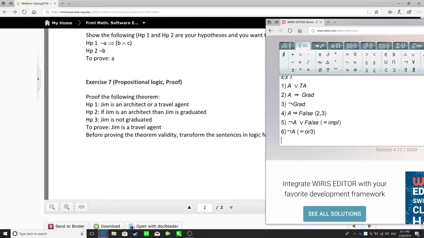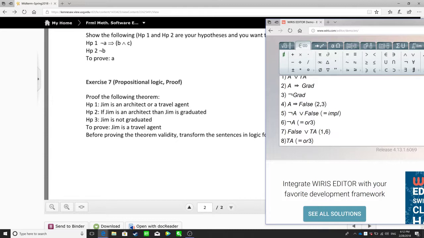And then based on this 1, 7. So then it's false or... Yeah. So it's going to be a false or an architect, based on number 6 and number 1. Then again it's the OR 3 rule, because TA or false becomes TA, travel agent. Again it's OR 3. Okay, so we prove that Jim is a travel agent, right?